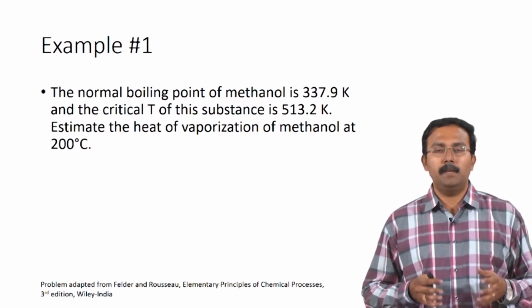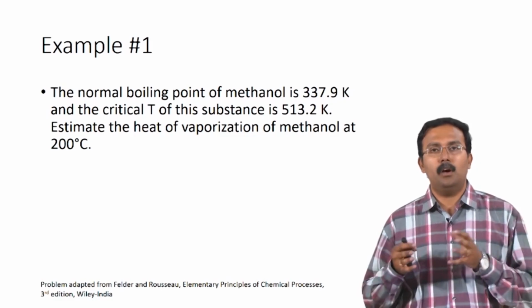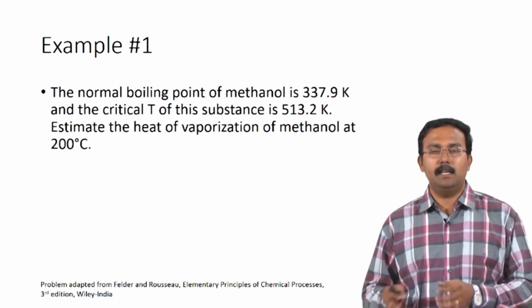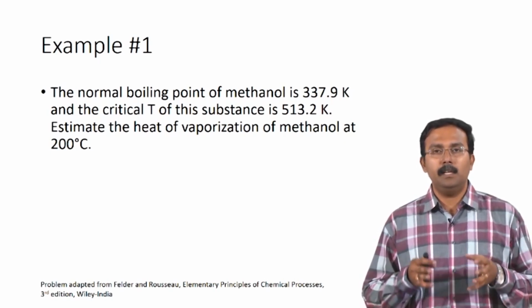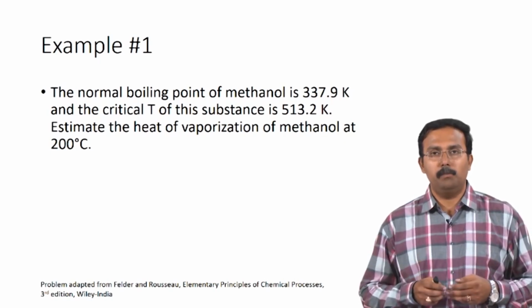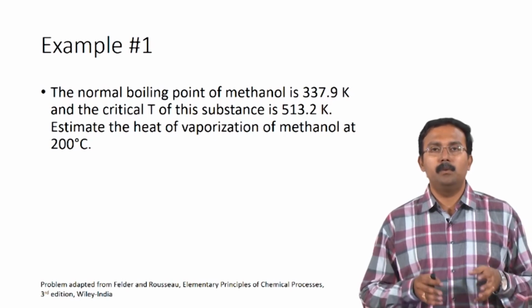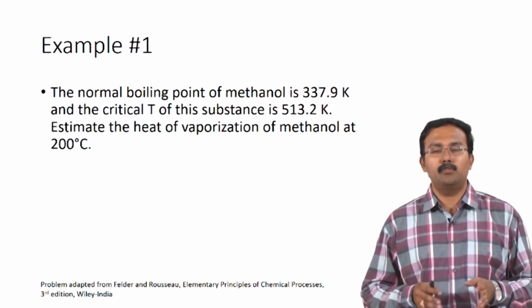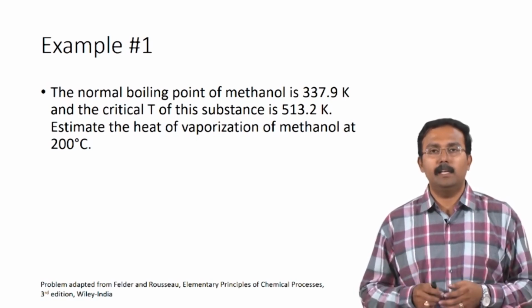This can be obtained either using Trouton's rule or Chen's equation. For Chen's equation, we need critical temperature and critical pressure. However, critical pressure has not been given to us in this problem. So, using Trouton's rule would be the simplest thing to do to get the heat of vaporization, although it is not the most accurate way to get the value.